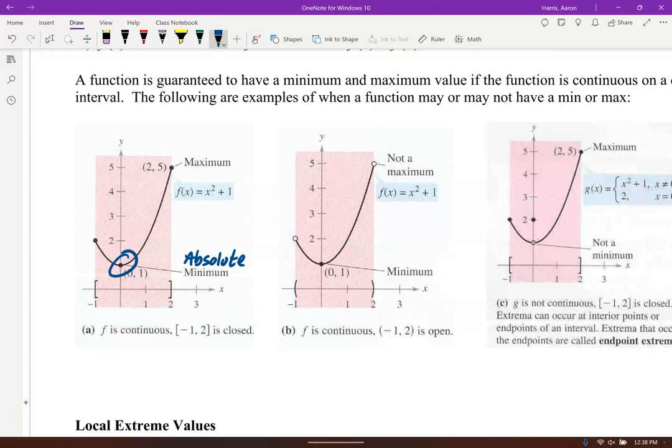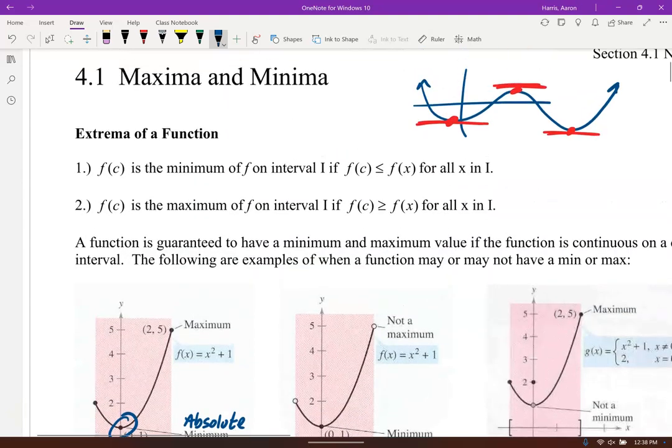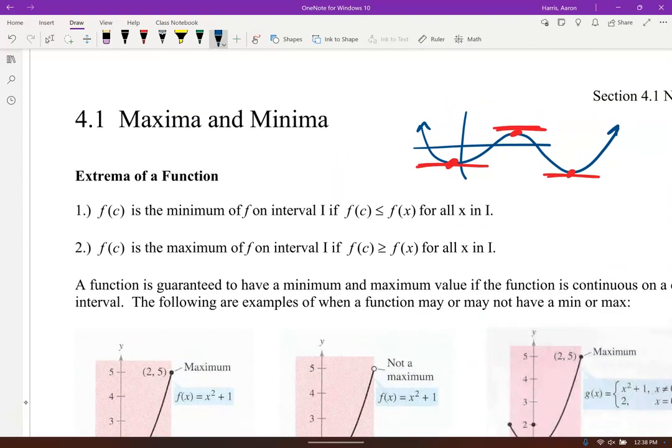A relative minimum means just in an area. So this would be a relative or local minimum, but this one's actually the lowest. So this would be the absolute minimum, right? This would be a local minimum. And any absolute minimum is also a local or relative minimum as well.